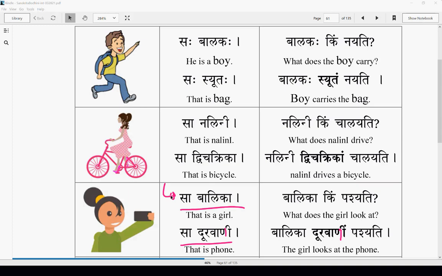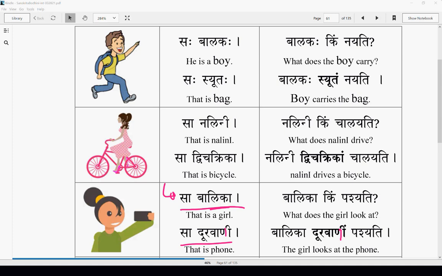Whose Duravani, whose phone is it? What is the question in Sanskritam? Shashti Vibhakti of Ka. What is the Shashti Vibhakti of Ka? Kasyaha. Uttamam. Kasyaha Duravani.